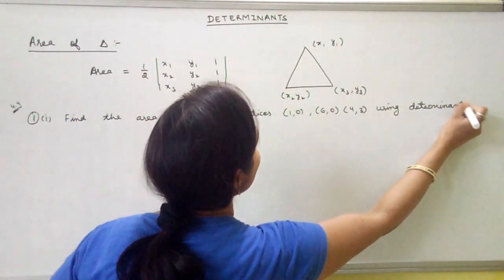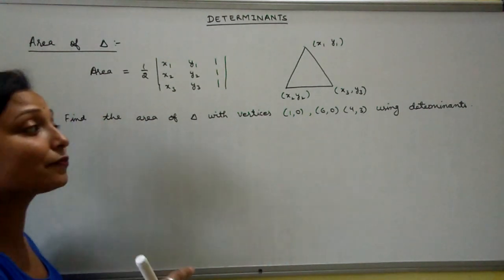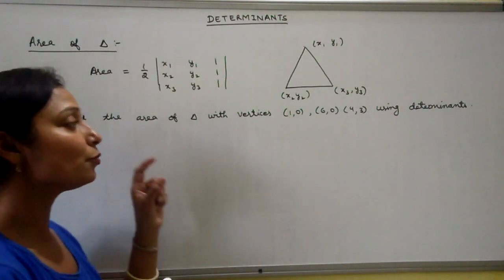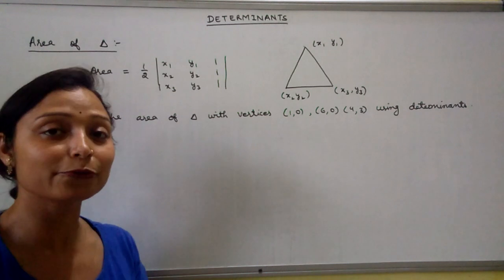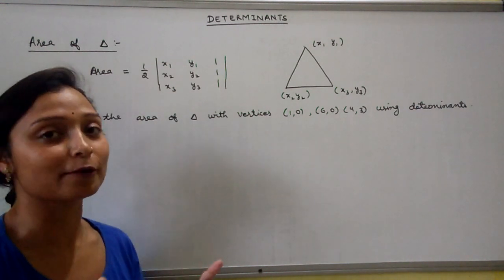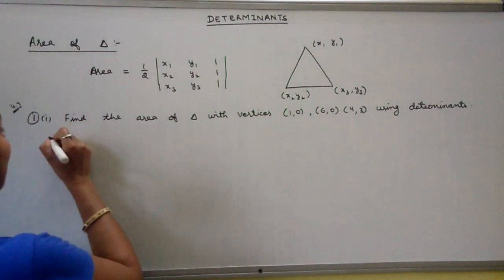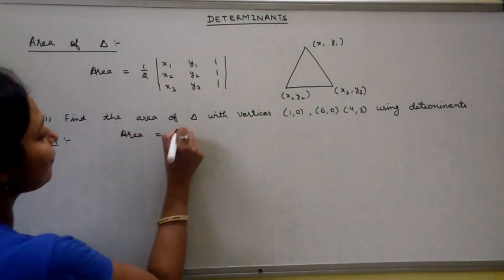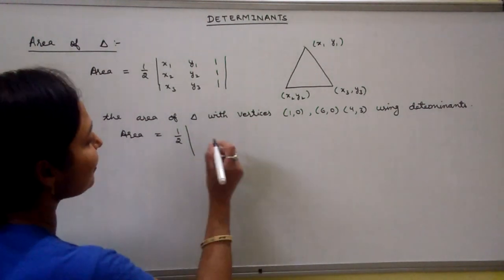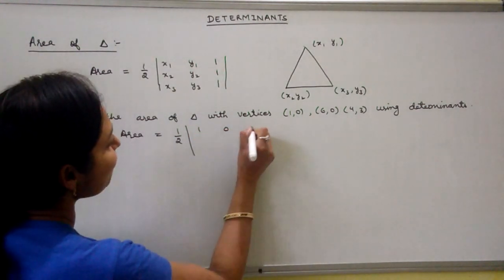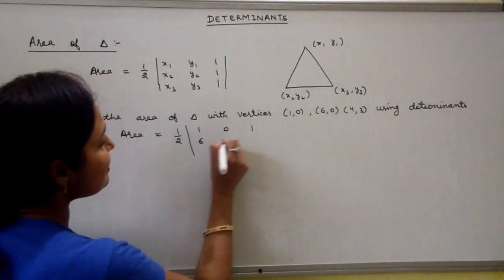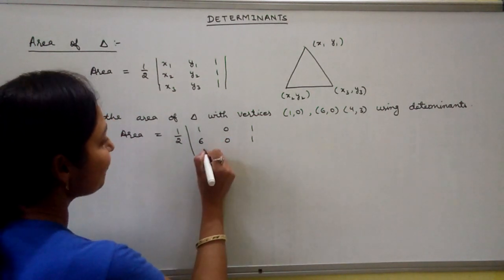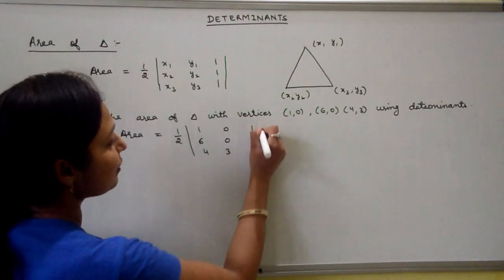When the question asks to use determinants, it is compulsory for you to choose only the determinant formula. So how can we find the area? Area is equal to half, taking vertices with 1 1 1: the rows 1 0 1, 6 0 1 and 4 3 1.